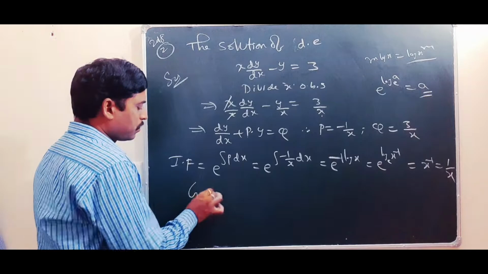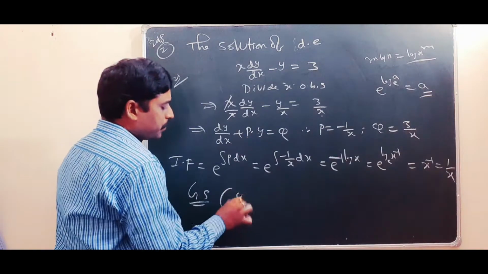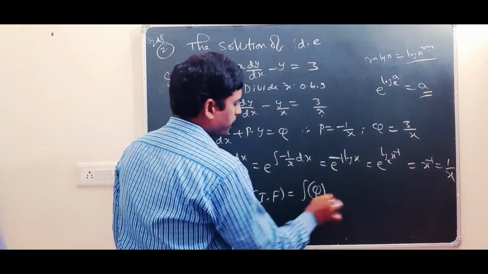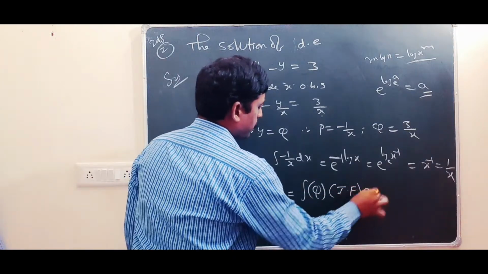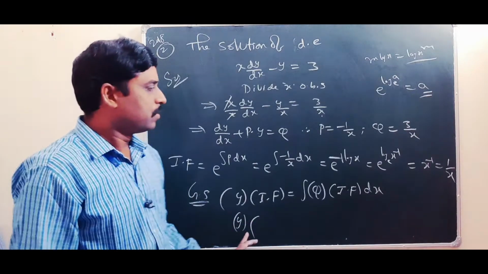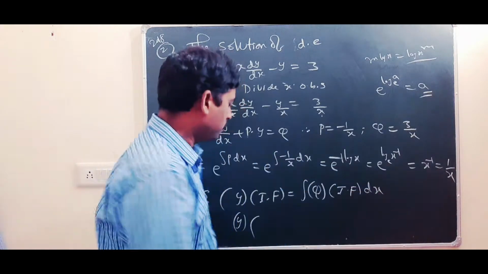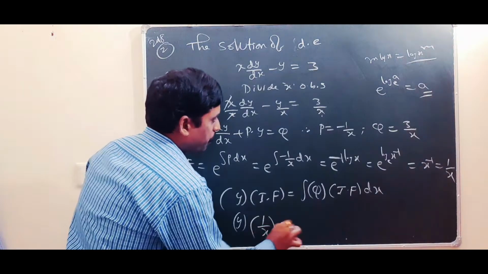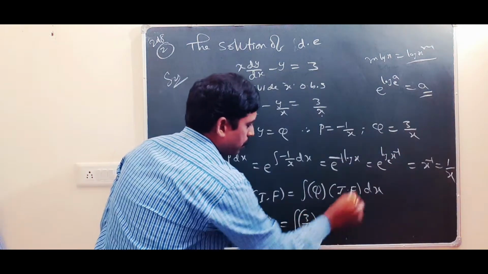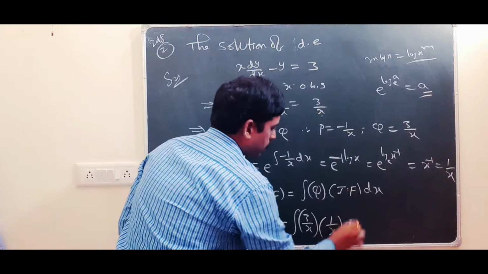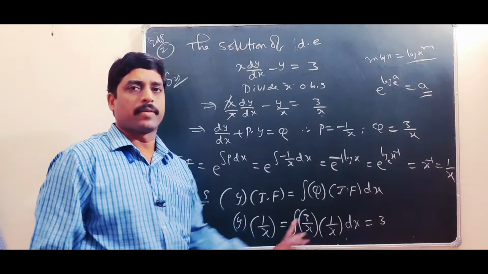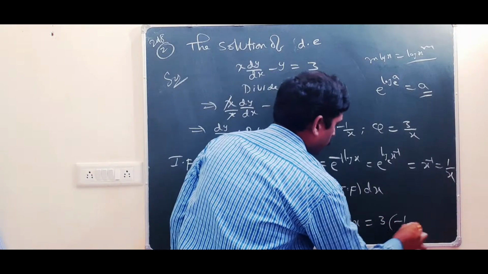So what is the general solution formula? Y into integrating factor is equal to integral q into IF into dx. Y into the integrating factor 1 by x, and q value given is 3 by x into integrating factor 1 by x dx. It will be 3 constant, integral 1 by x square, which is minus 1 by x.